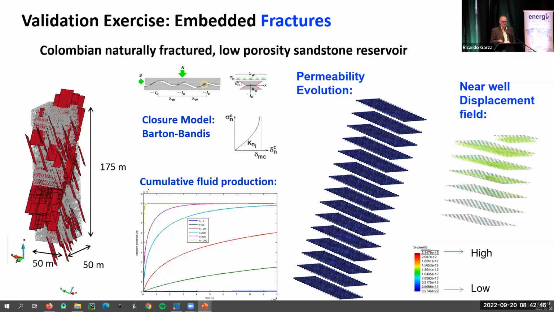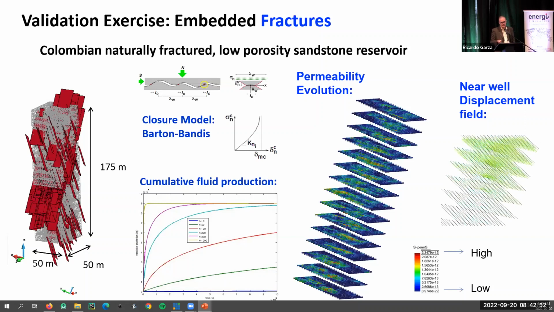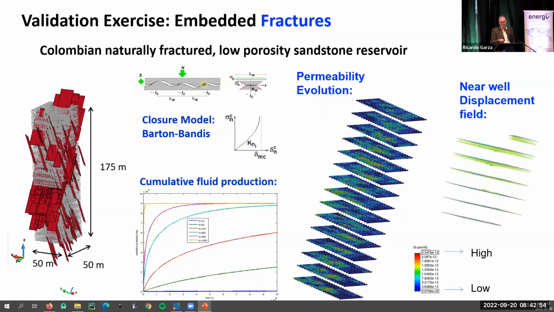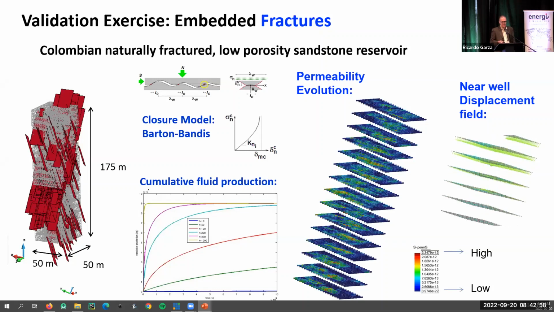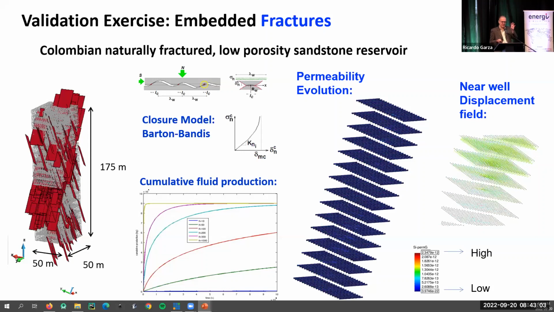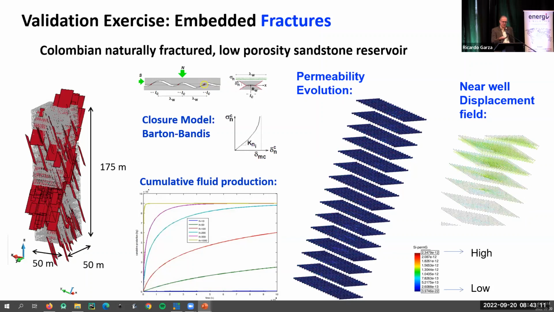You can see here the evolution of permeability, which decreases very quickly when production starts. We can also see the near-well displacement field showing the compaction of the reservoir close to the well. So we apply this to a real case problem, but also to an outcrop.